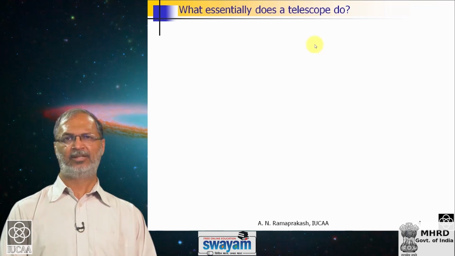And since then, telescopes have been built over the last several hundred years, which are larger and larger compared to Galileo's telescope, and they are the main tools of an astronomer which provide him the right information to study the celestial objects. So, let us try to understand what exactly a telescope does for an astronomer.